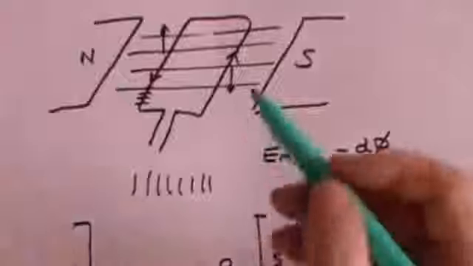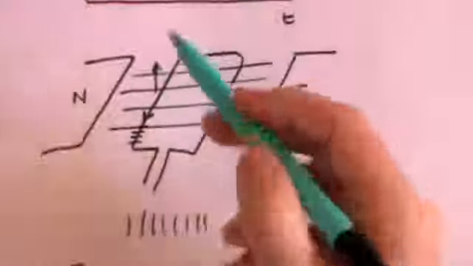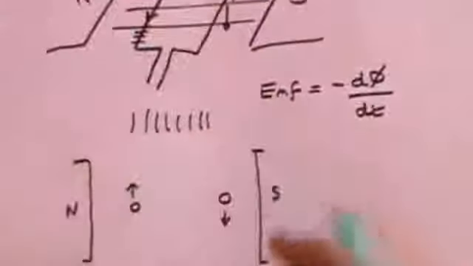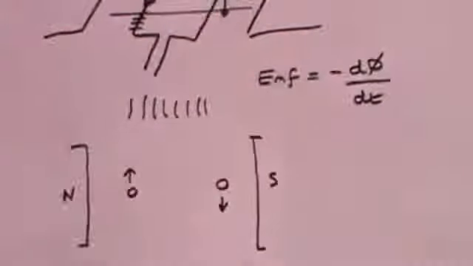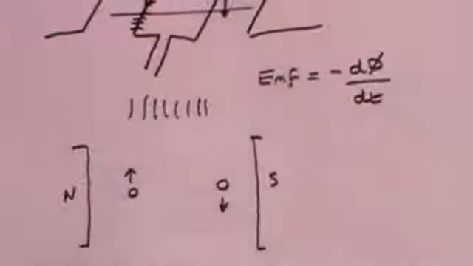And we know that this is moving downwards and this one is moving upwards. And we know, I'll use a pencil for this, these are the field lines going across from north to south.